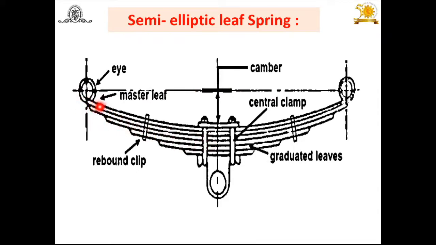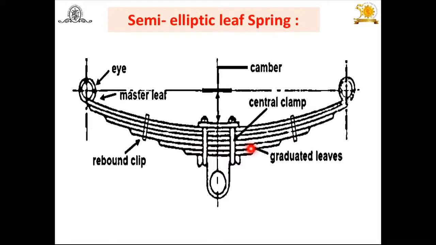Then below this master leaf there are two extra full length leaves. They give support and help with transverse shear stresses. After that you will find the other leaves gradually decreasing in length.